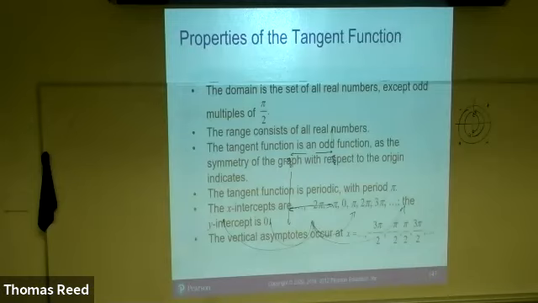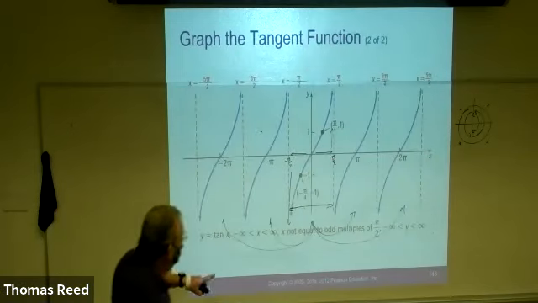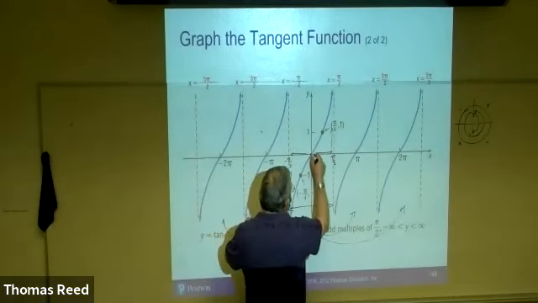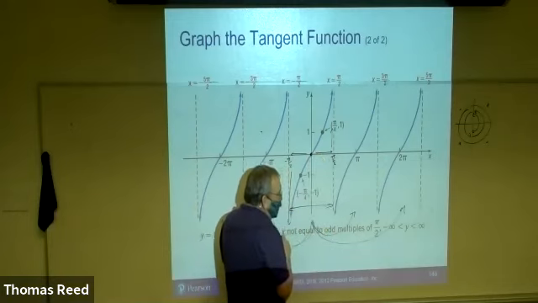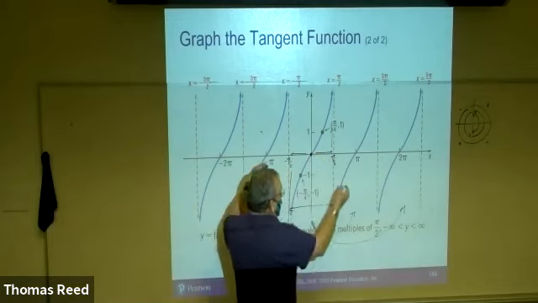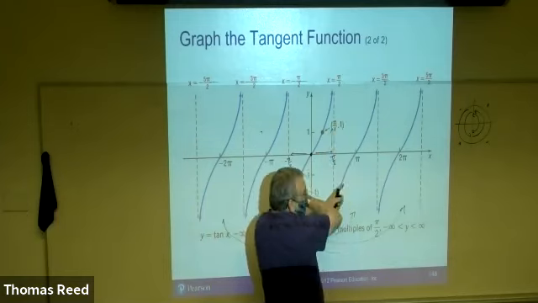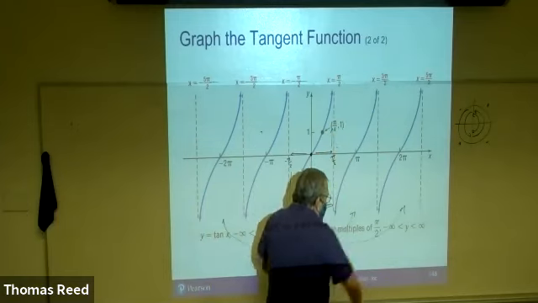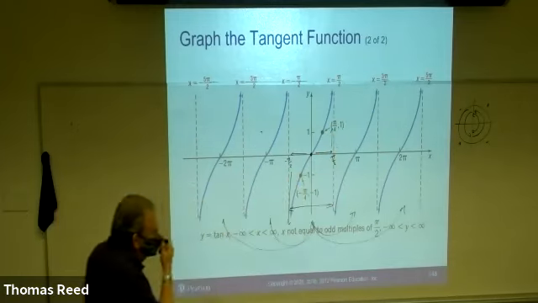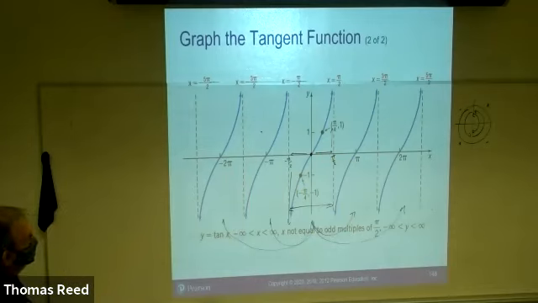It's an odd function, and that can be seen from the graph as well. It's symmetric with respect to the origin. If I rotated 180 degrees on this graph, it would look exactly the same, except everything would be upside down.